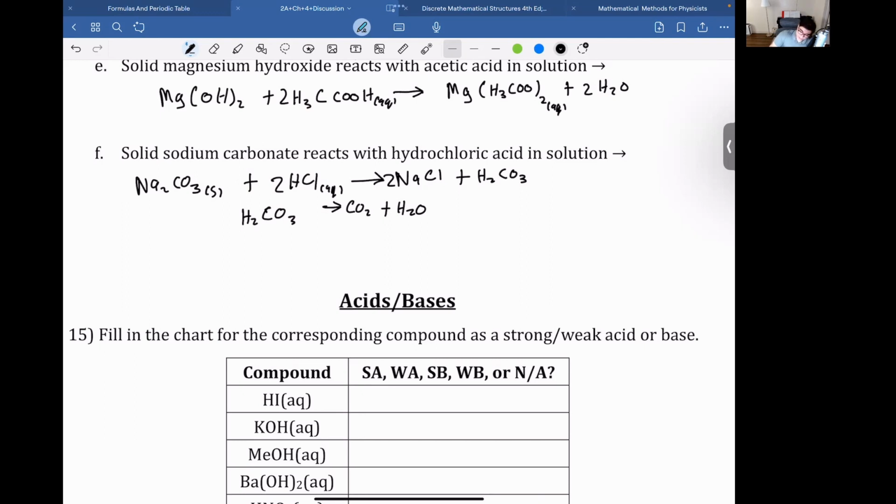All right, so the net ionic equation is going to be starting with this Na2CO3 as a solid, right? And then we have H plus. The chlorine is not there because it's on both sides, right? NaCl is aqueous. It's dissolved, solubility rules.